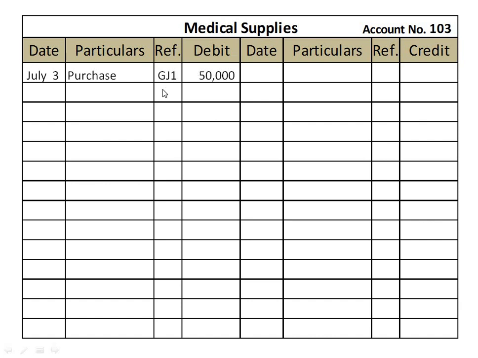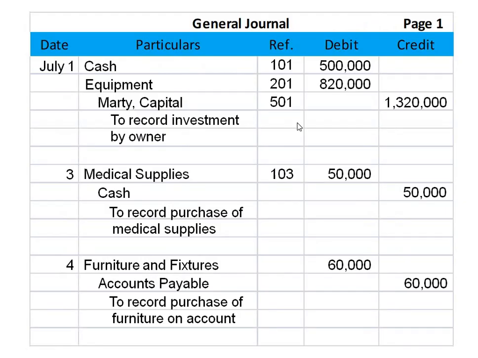The reference or PR is still page 1 of the general journal because the journal entry with the debit to medical supplies was made on page 1 of the journal. After posting, go back to the journal entry and write this account number of medical supplies in the reference column.